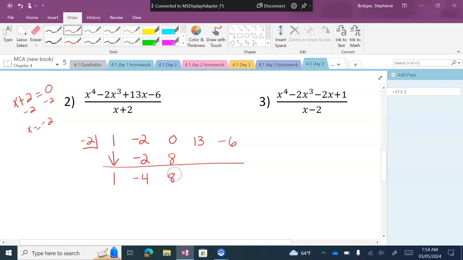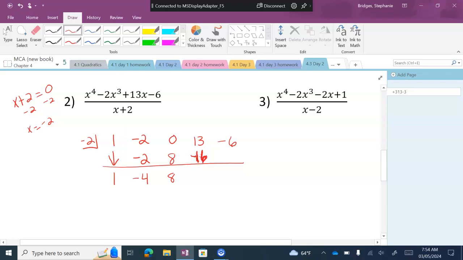Okay. We're going to multiply again. Negative 2 times 8 is negative 16, is what I'm trying to write here.